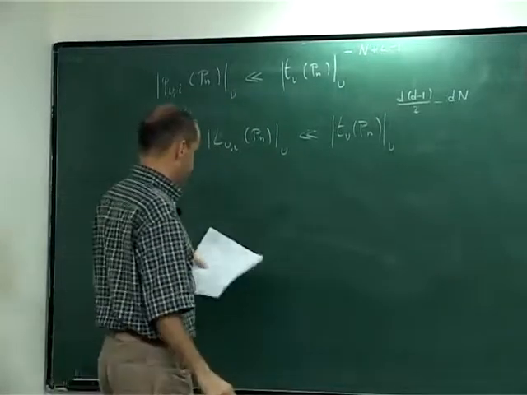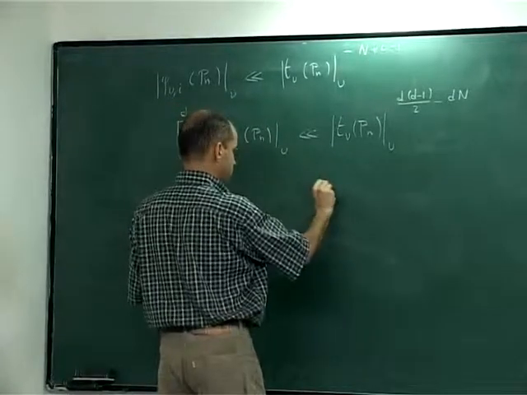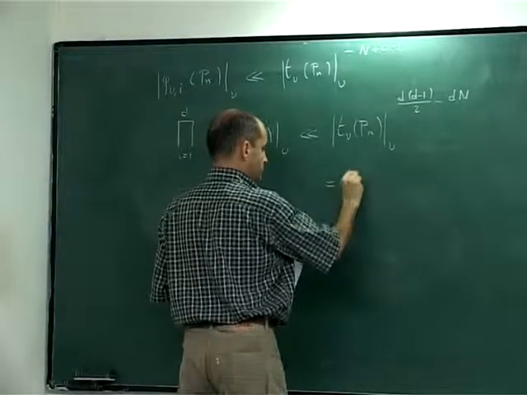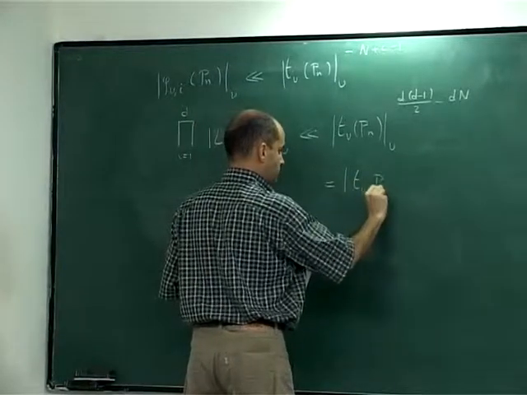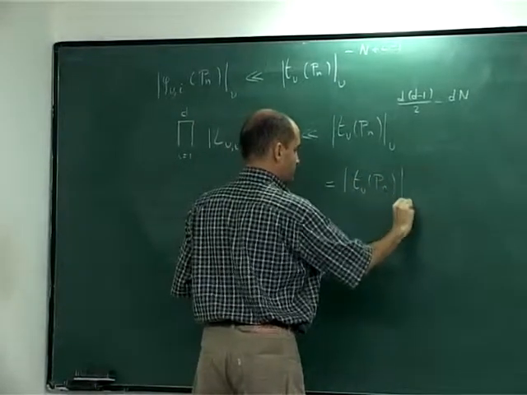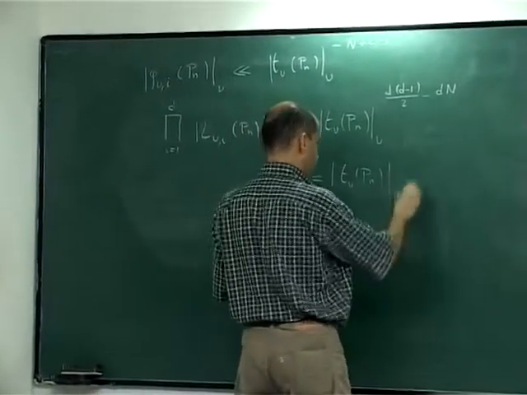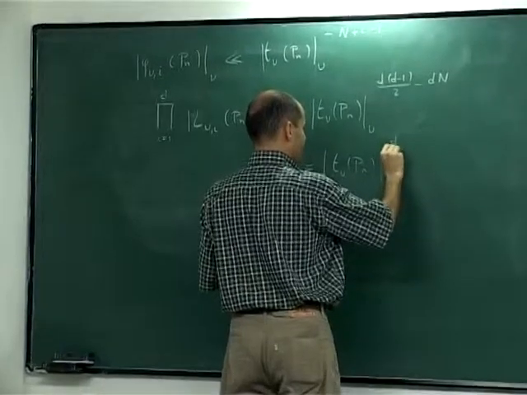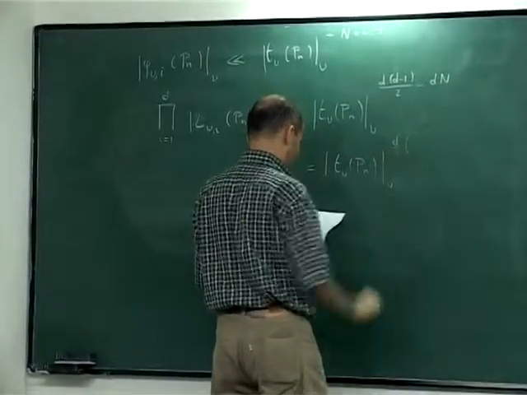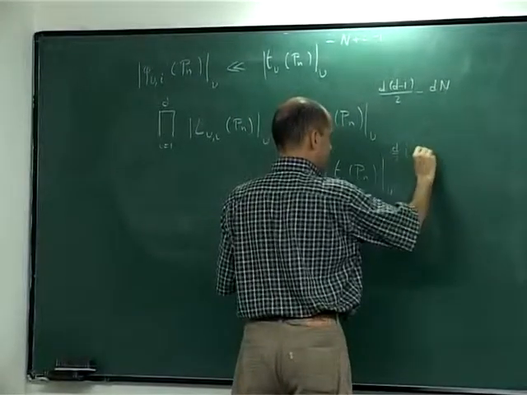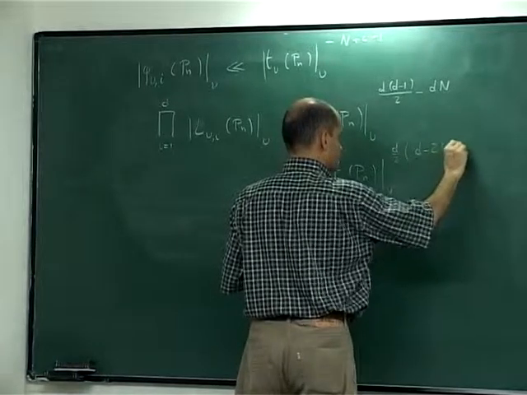Which can be written as T nu of Pn to d over 2 times d minus 2n minus 1.